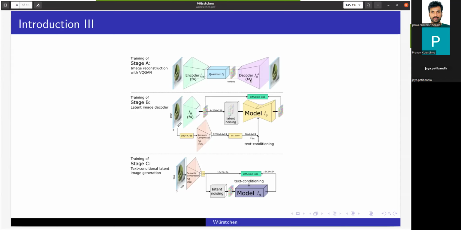And in order to guide the diffusion model, we shall use something called a semantic compressor, which performs compression at an extremely high rate. That is, we compress an image of size 786 cross 786 into a latent representation of 1280 cross 24 cross 24. This compressed latent representation is further compressed using a 1 cross 1 convolution.